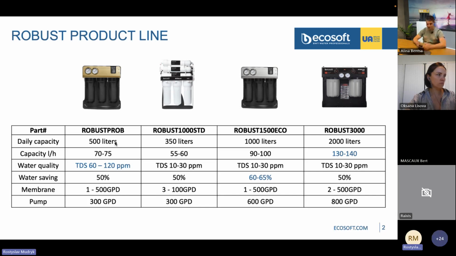What is the price of a cubic meter of water in Europe? Like €3? 3-5 euros. So it means that if the recovery rate is 20% and an application consumes 500 liters of water, Robust would basically save you from 130 to 200 euros per month.